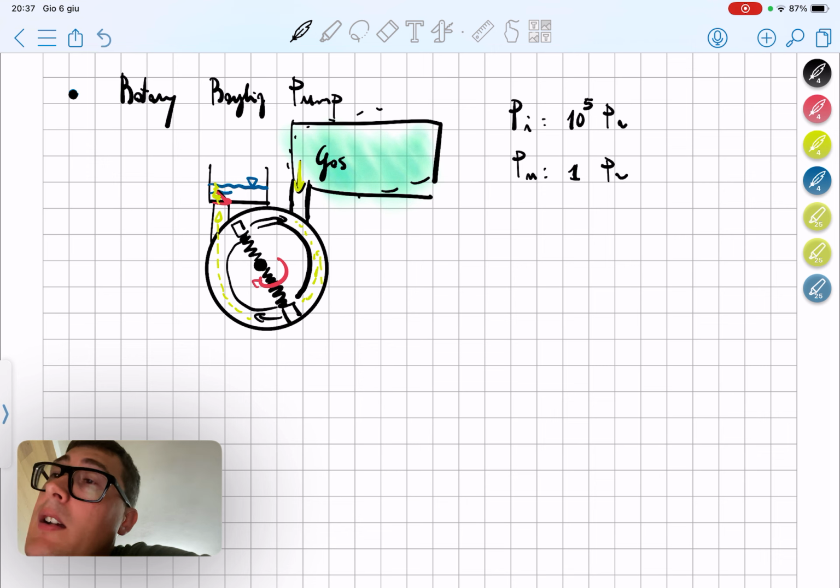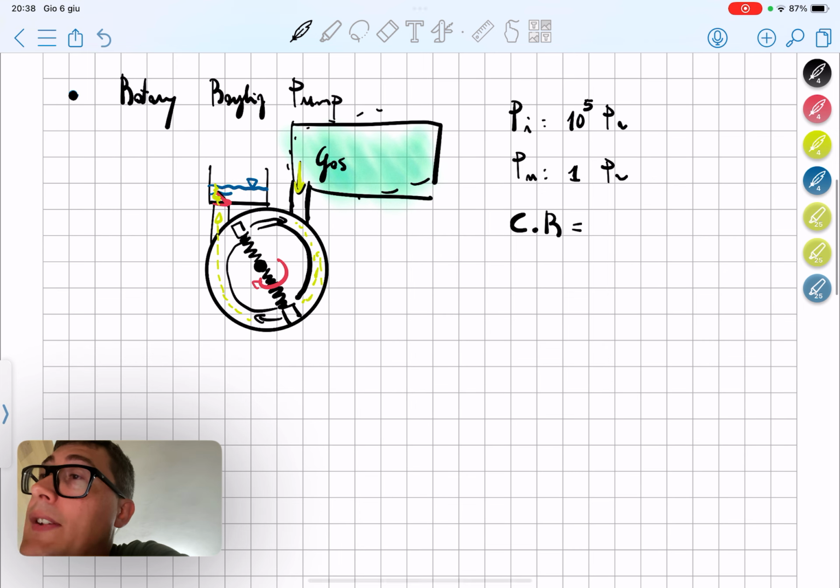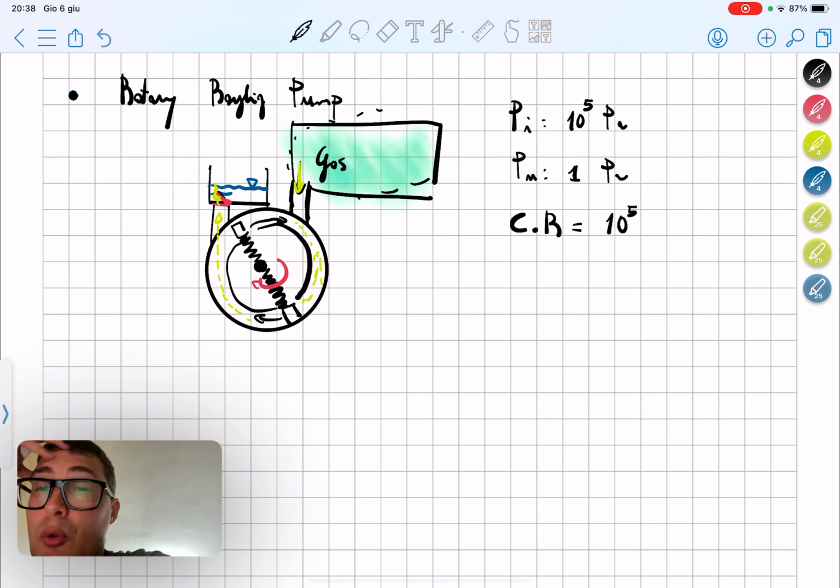Often it's important to consider a parameter which is the compression ratio, which is essentially the ratio between the outer and inner pressure. So in this case, it is 10 to the 5.